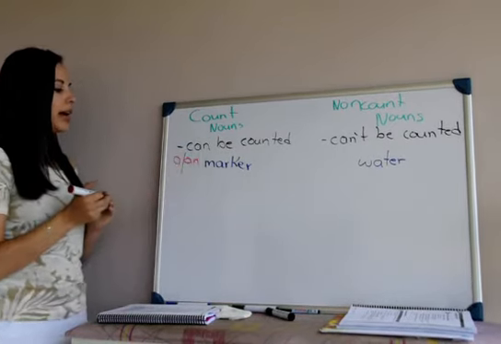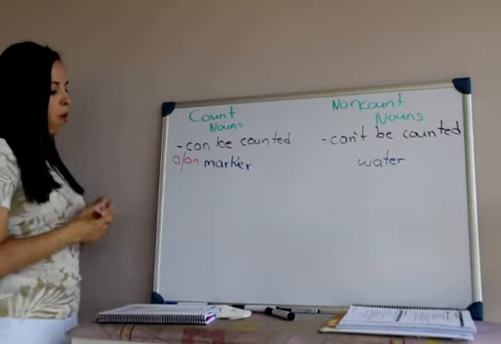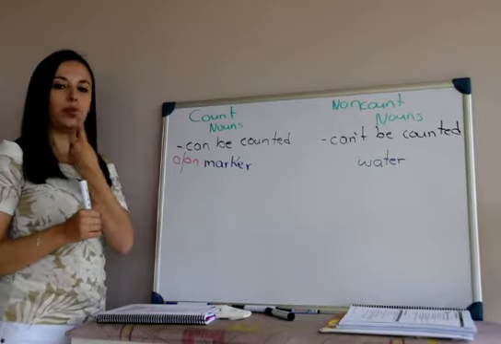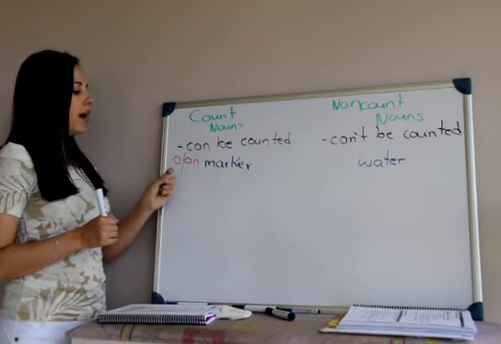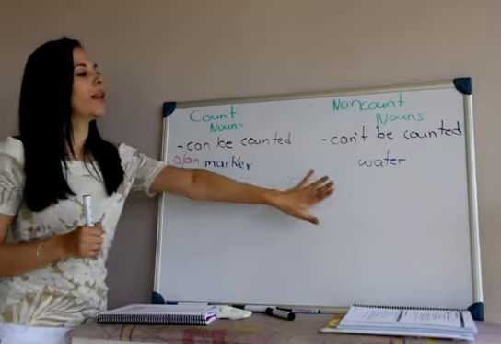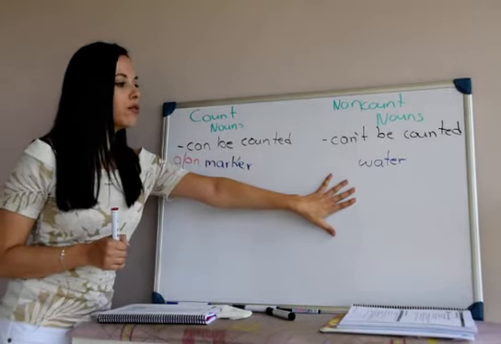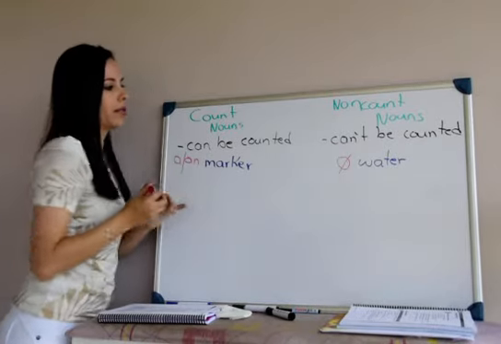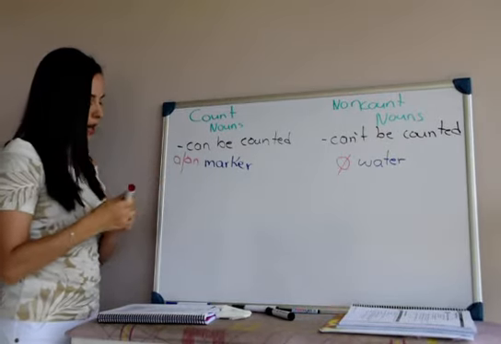We can have the article, a marker, or an apple. If we have an apple, right? We can use the indefinite article. With the non-count nouns, we can't use the articles. Okay, there's nothing before the non-count nouns.